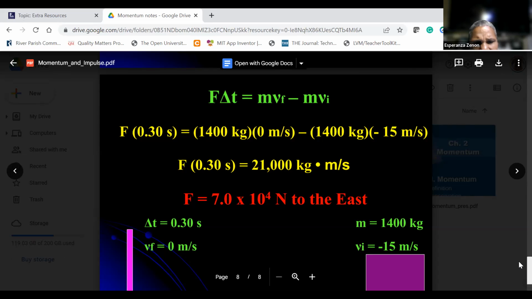Okay. The question then becomes, if this collision generates that much force, what in the world can we do to make these collisions less deadly or make them generate less force? Well, we can see very clearly from the equation. One of the things we can do is, if we want less force, we have to make the time last longer.